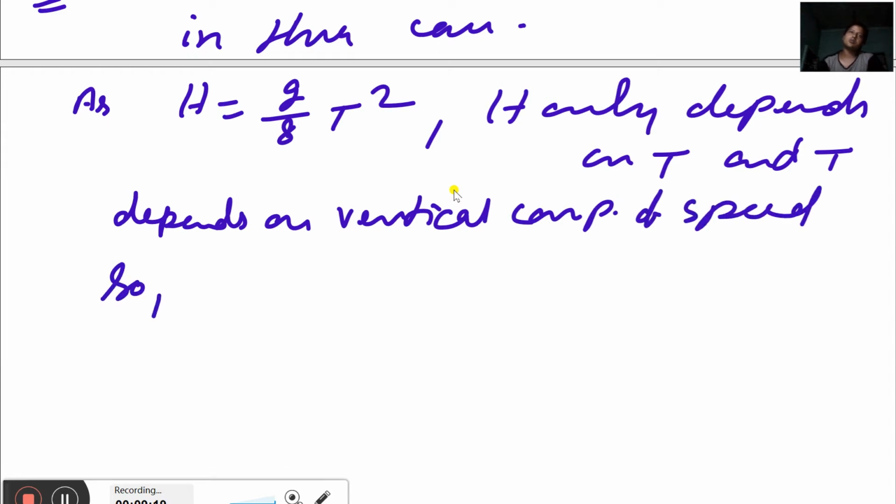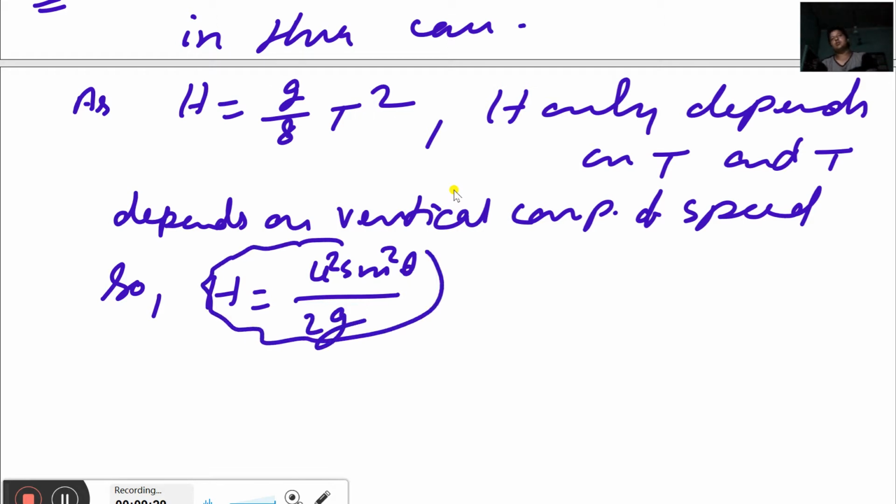So H also remains u square sin square theta over 2g. H also remains the same.